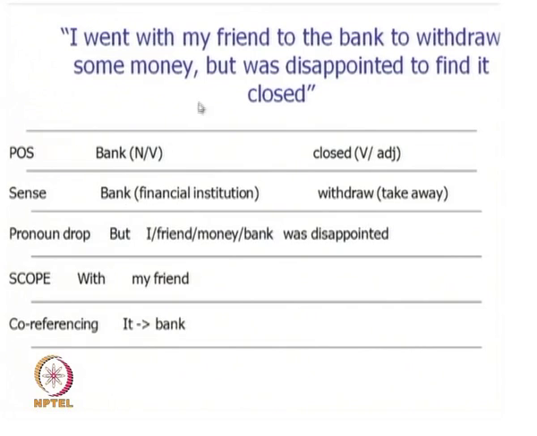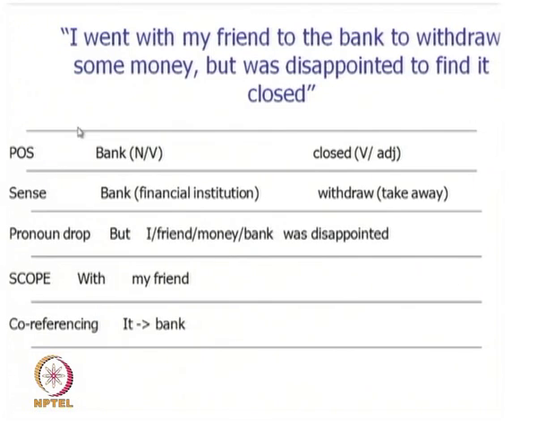Now, the example that was introduced, we could look at in closer detail to understand this business of information processing in layers and information processing in a limited window within a layer. So, the sentence we have in front of us is, I went with my friend to the bank to withdraw some money, but was disappointed to find it closed.